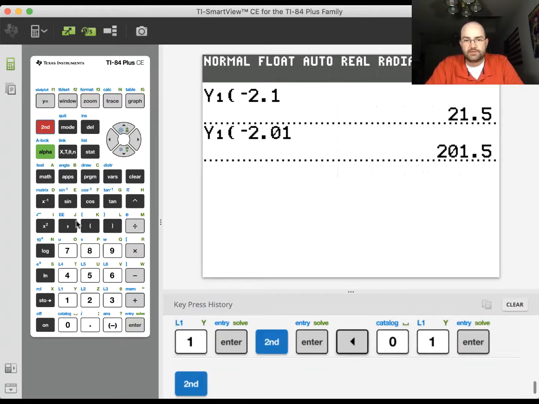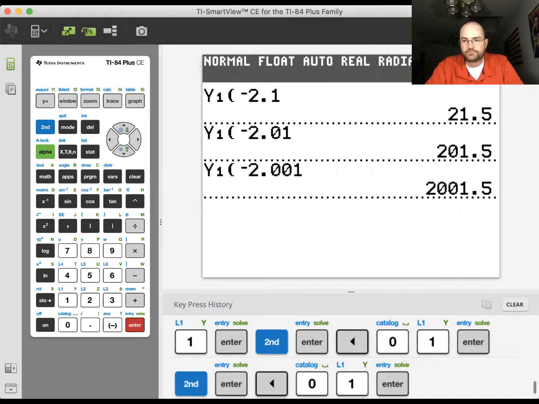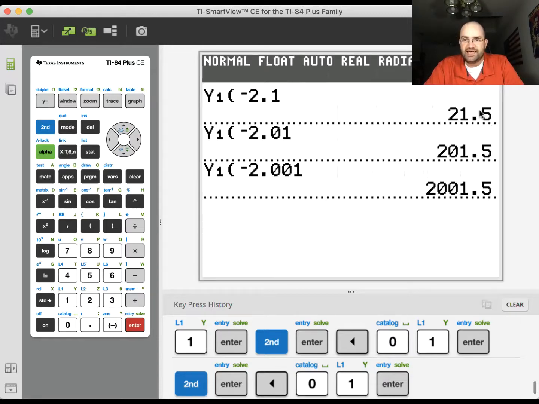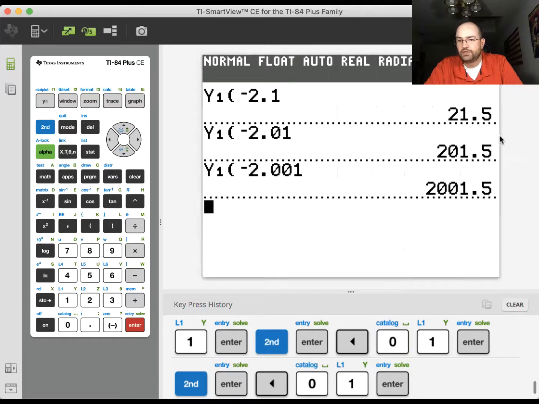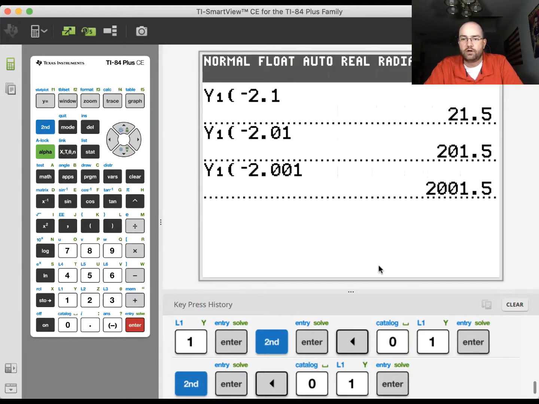I expect you can see the pattern by now, but let's see it: 2001.5. If we did -2.0001, it would be 20,001.5, and so on. As x gets closer and closer to -2, this number is simply getting larger and larger. It's going up to infinity, basically.